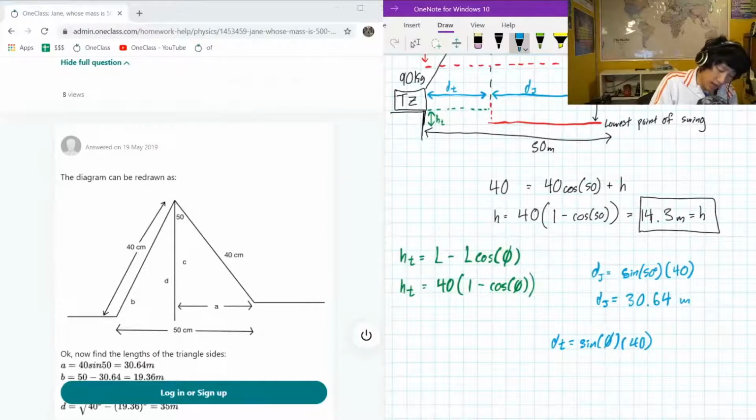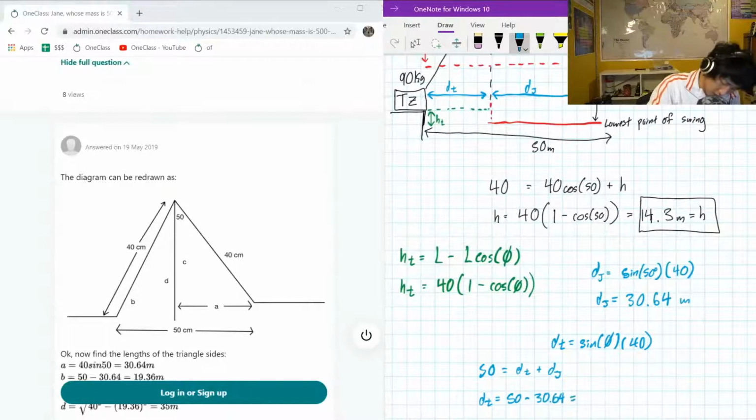And we don't know what phi is, but we know that 50 is the sum of dt plus dj. So solving for dt, we know that this is going to be equal to 50 minus 30.64 meters.